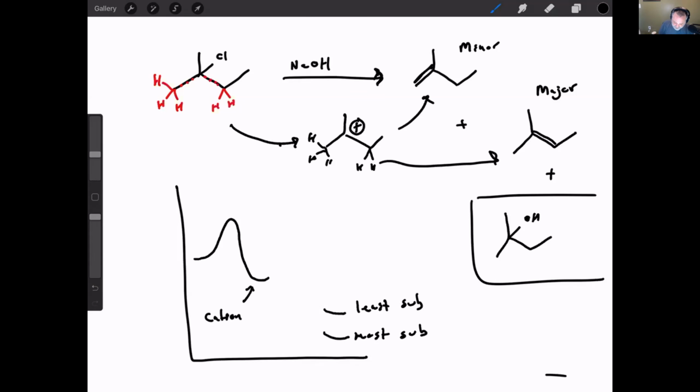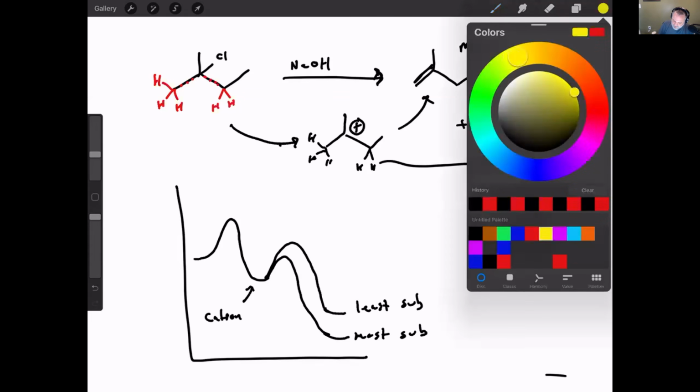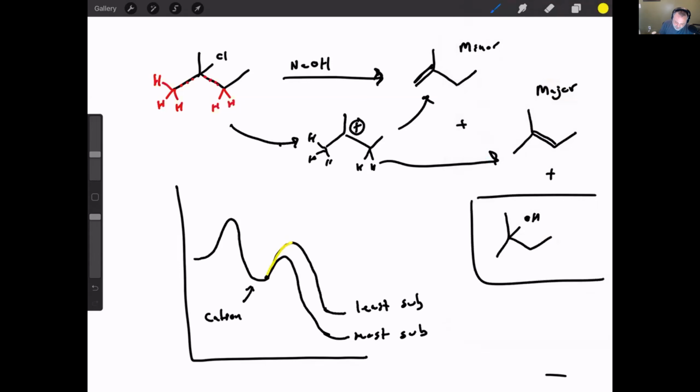The Hammond postulate says that the transition state leading to the higher energy product is also higher. So it leads the second pathway, the least substituted pathway, the one that I'll highlight in yellow, with a higher activation barrier. And since it has a higher activation barrier, it's slower.